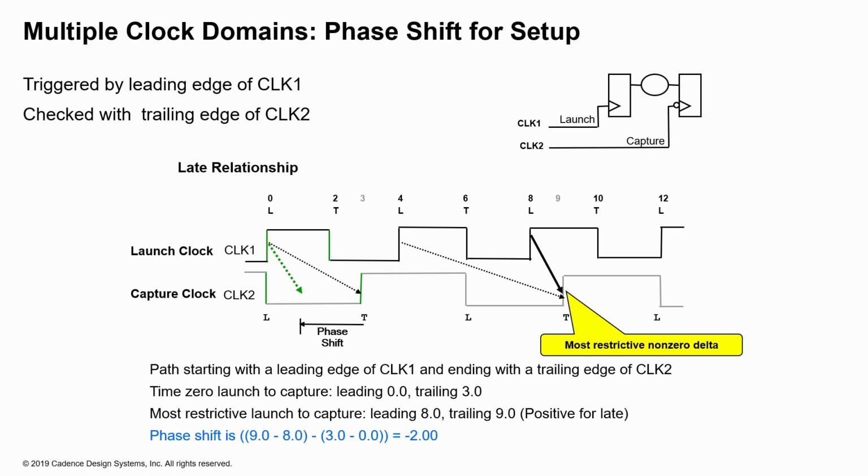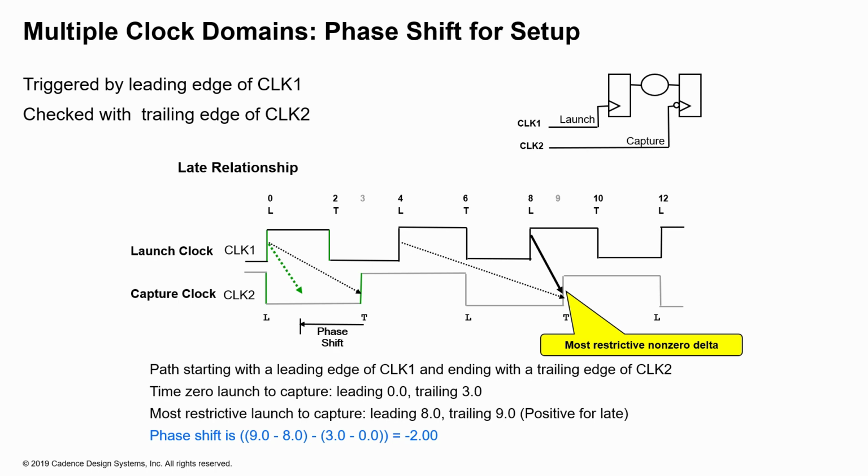This is for a launch with the rising edge and capture at the falling edge, or leading edge, trailing edge. So we are looking at ideal clocks here, and it's always leading aligning to leading. Even though it's a negative edge triggered flop, what we are doing instead is reversing the phase of clock 2 so that the leading edges align.